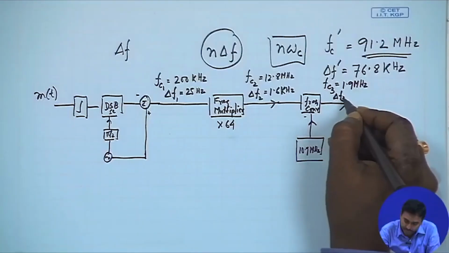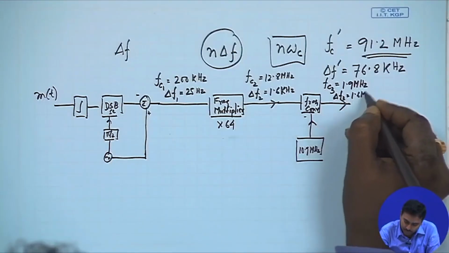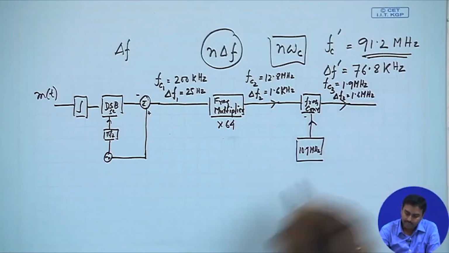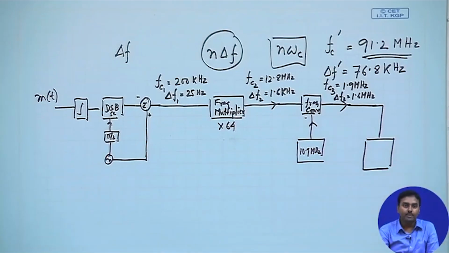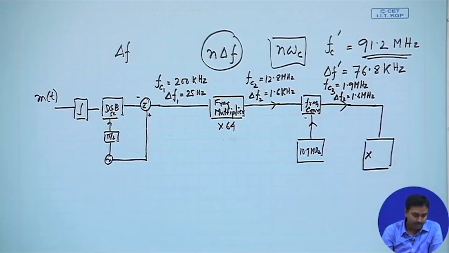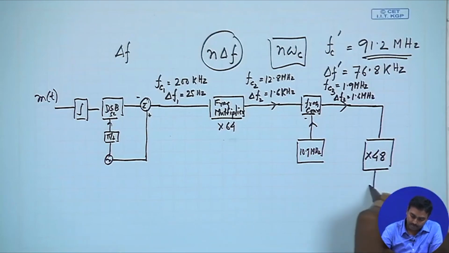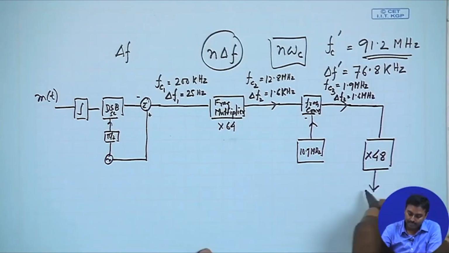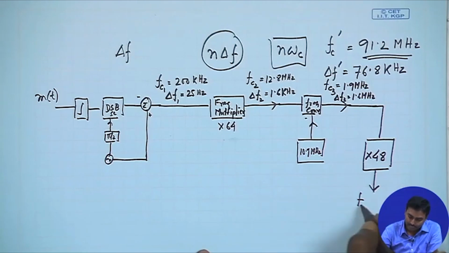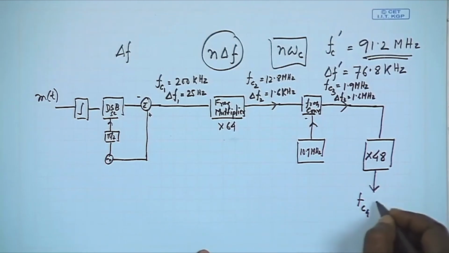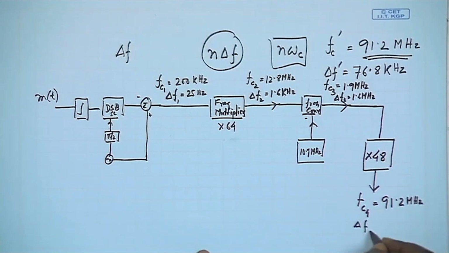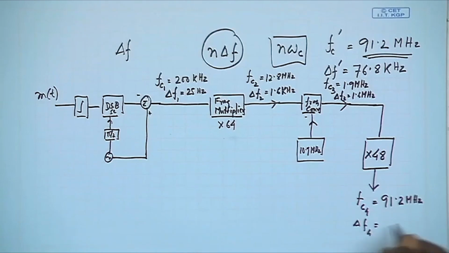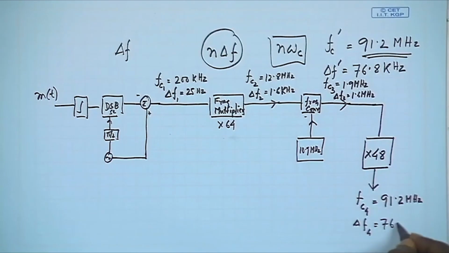So, del f3 remains the same, 1.6 kilohertz, right. Then in the last stage I will be putting another frequency multiplier, that is multiplication by 48, and then you will see immediately you get an FM which is having FC4, let us say, exactly 91.2 megahertz, and del f4 exactly this 76.8 kilohertz.